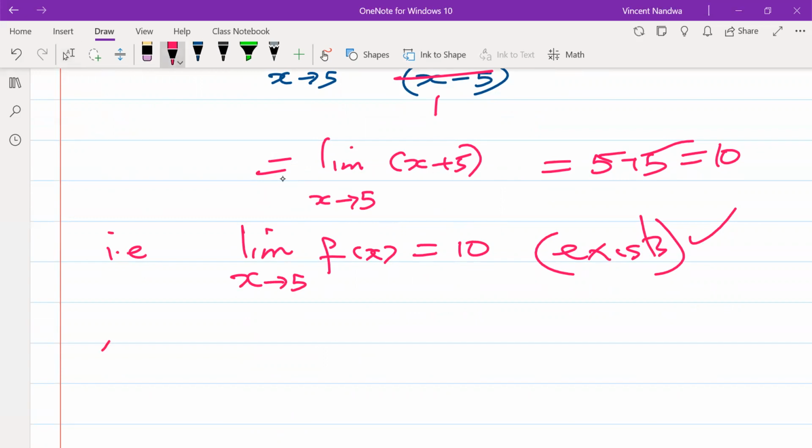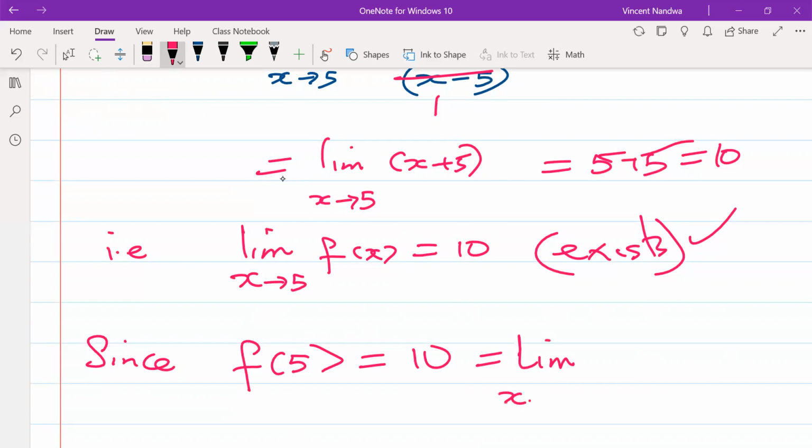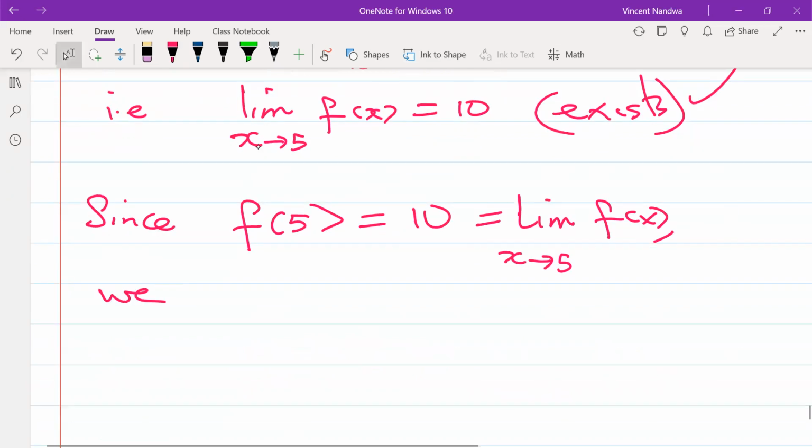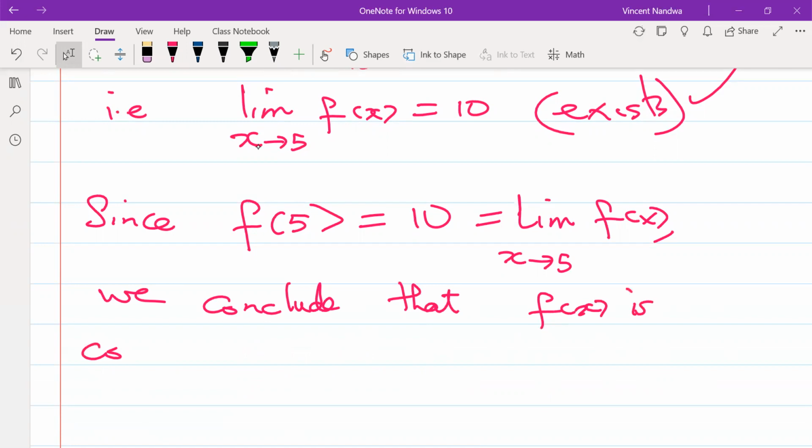Since f at 5 is 10, and this 10 is the same as the limit as x approaches 5 of f of x, we conclude that f of x is continuous at x equals 5. So it is true that the given function is continuous at x equals 5.